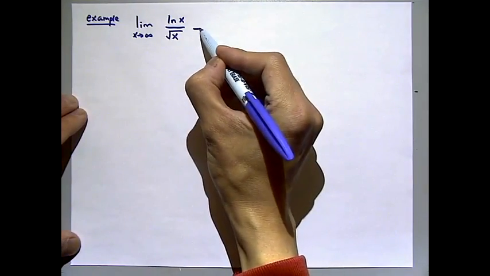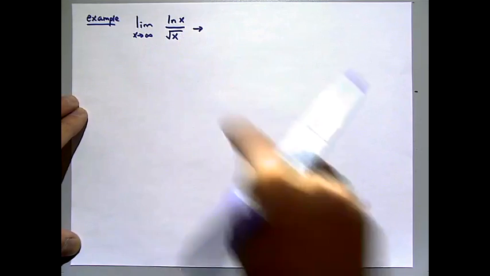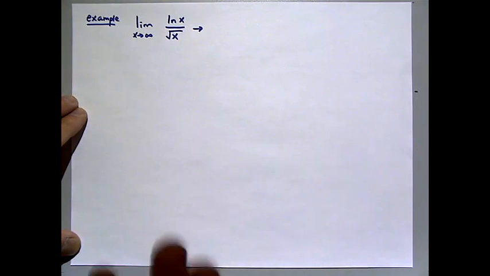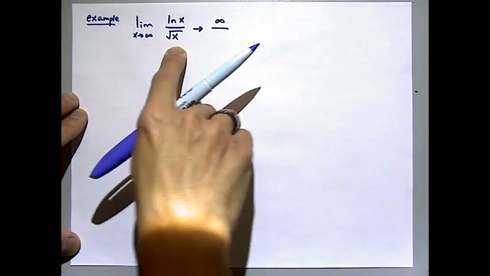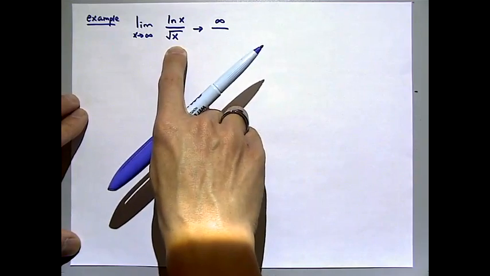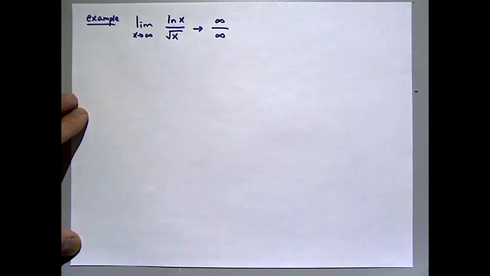So let's see. When x becomes very large, natural log of x becomes large too. It slowly increases, but it goes to infinity nonetheless. And of course, the bigger you make x is, the bigger square root of x is also going to be. Right? So we get our infinity over infinity.